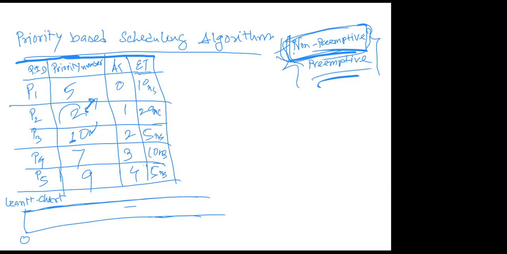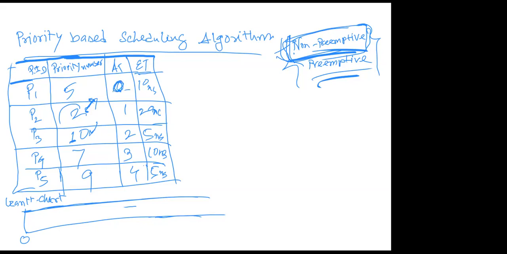In the priority based algorithm, first you need to check the arrival time. At time zero, your operating system needs to check how many processes are inside the RAM, and it will find only one process inside the RAM at time unit 0, the process P1. So your operating system doesn't have any other choice.